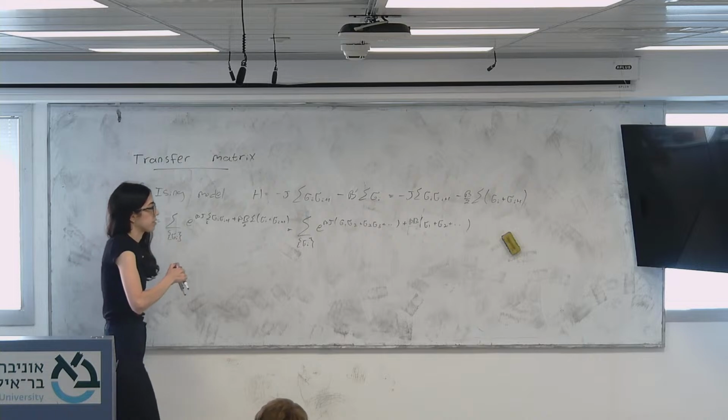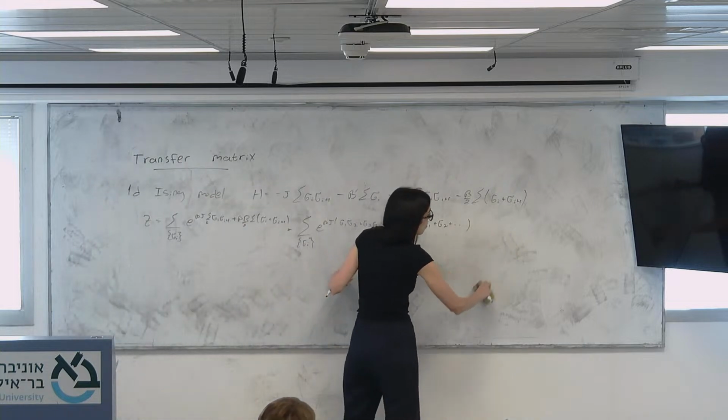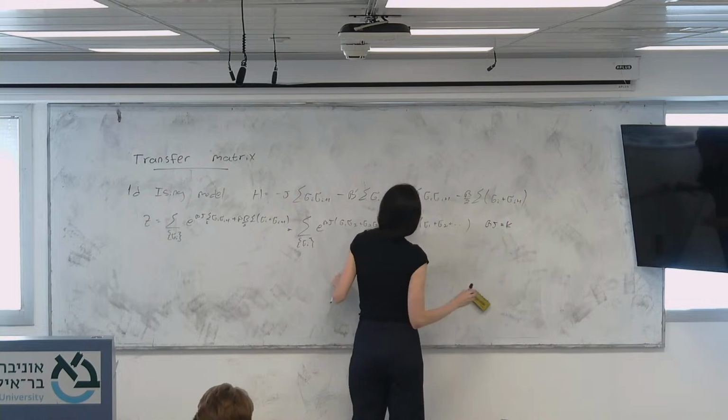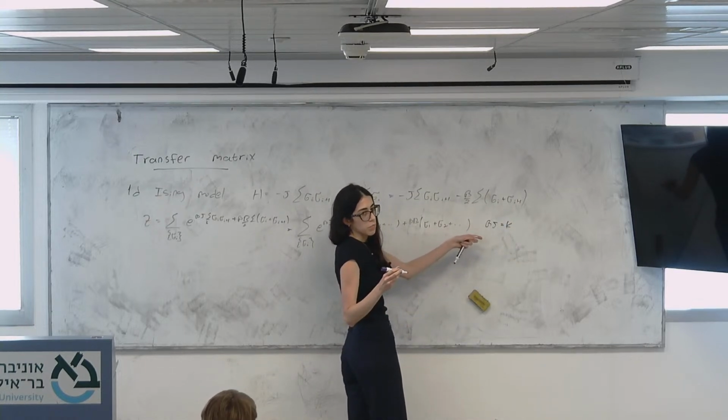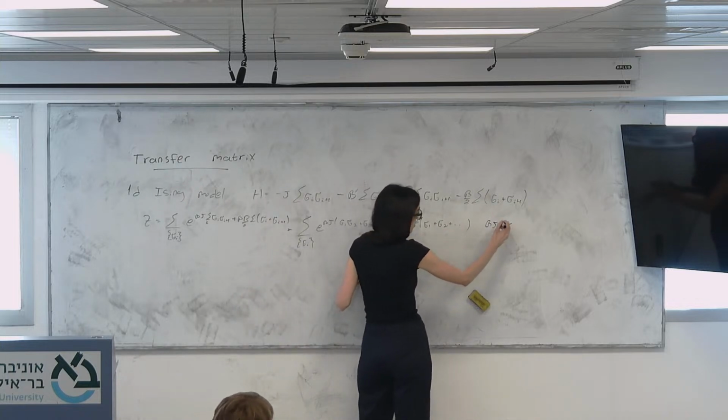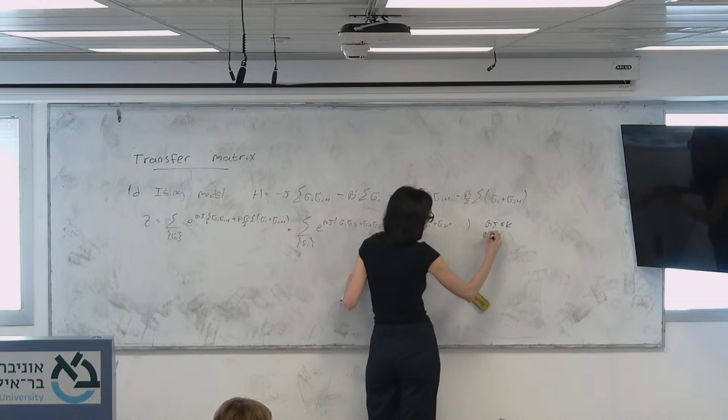So let's define, for convenience, beta J as K, and beta B as h.